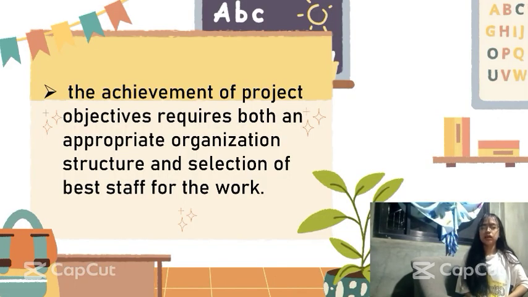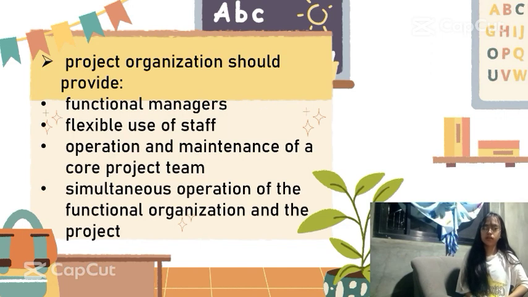Okay, so note that achievement of project objectives requires both an appropriate organization, structure, and selection of the best staff for the work. In addition, the project organization should provide functional manager, flexible use of staff, operation and maintenance of a core project team, simultaneous operation of the functional organization and the project. Why?